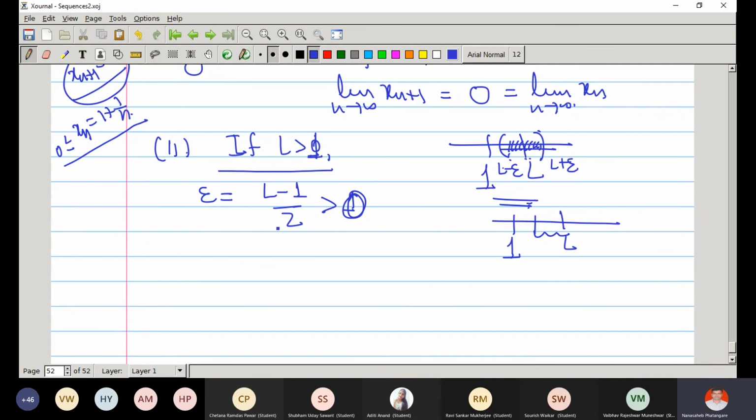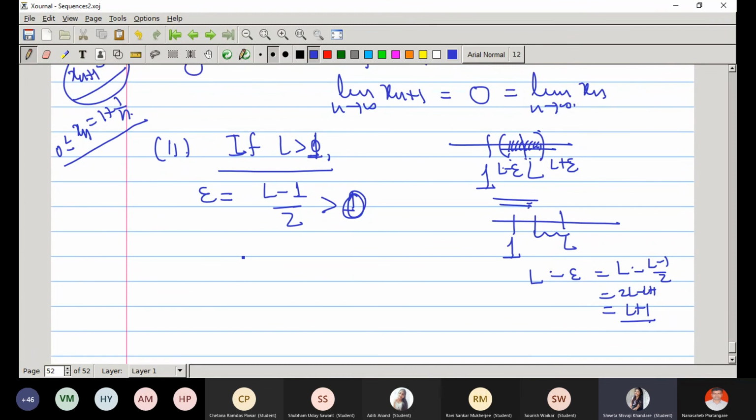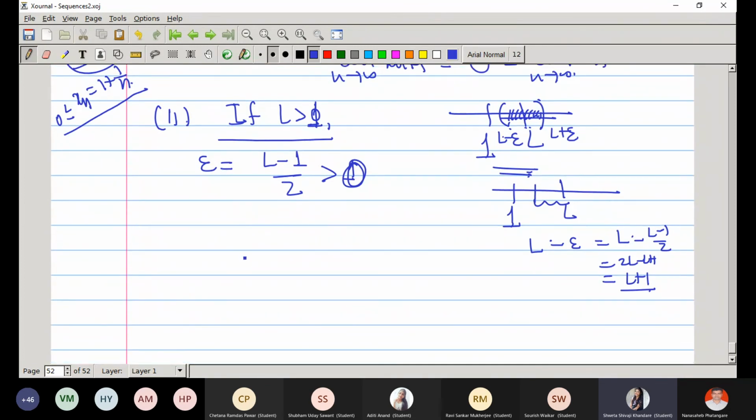And what is the importance of this? L minus epsilon. What is this? L minus (L minus 1) by 2. What is it? 2L minus L plus 1, so it is (L plus 1) by 2.